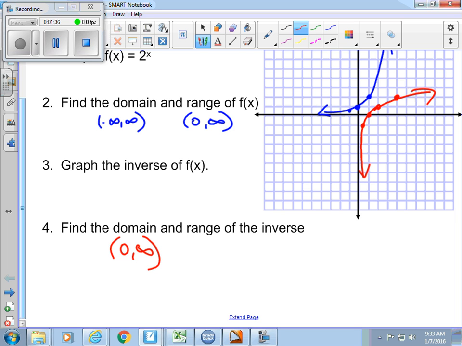Time out. What did I do to find the inverse? So wouldn't the range become the domain? And the domain would become the range. Interesting. Makes sense.